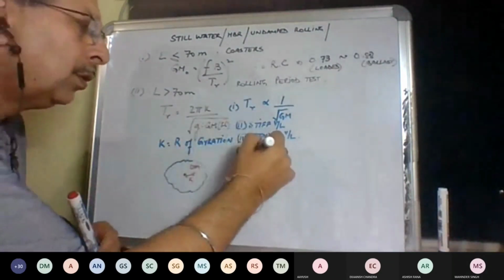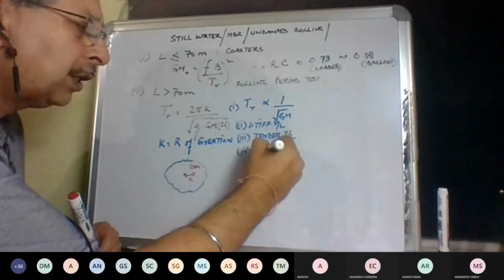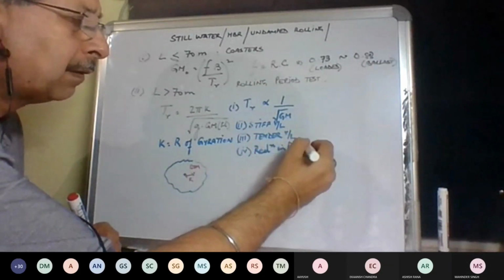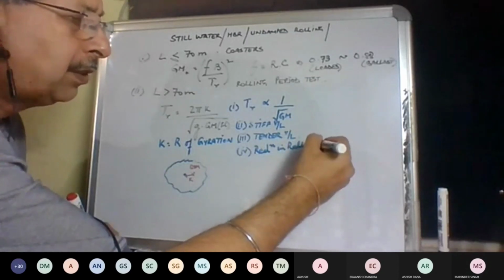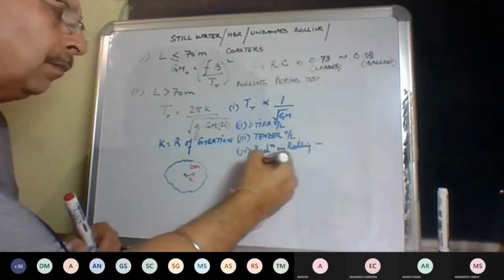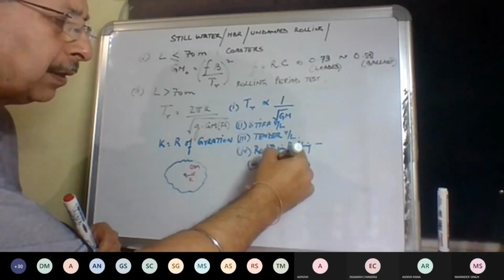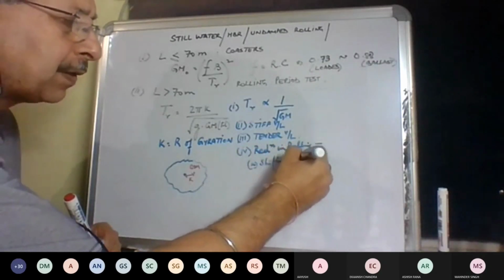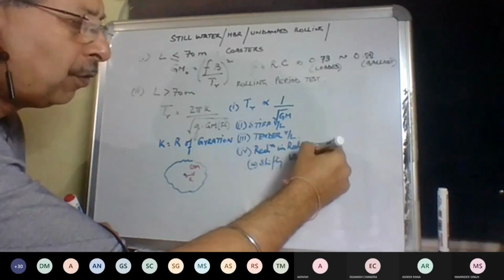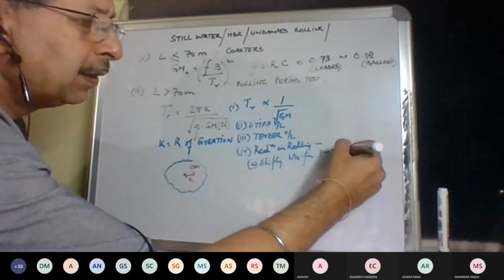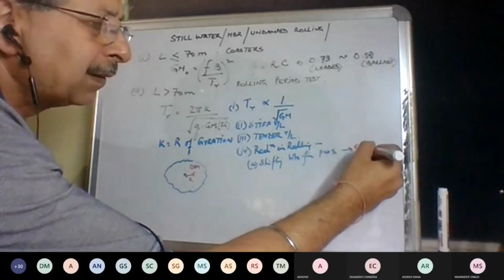So reduction in rolling can happen in three ways. First, by shifting weights from port and starboard side towards the center line.